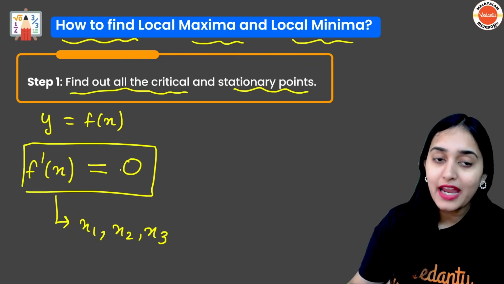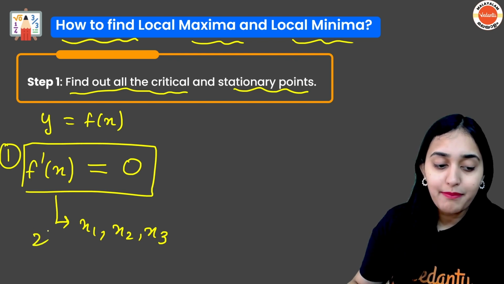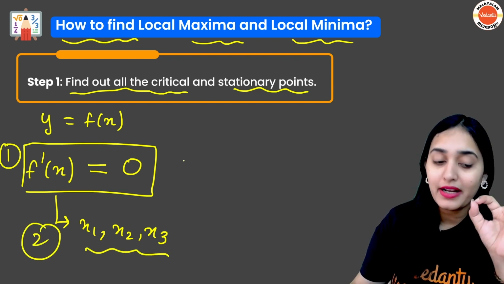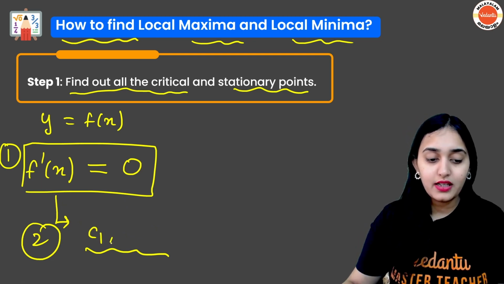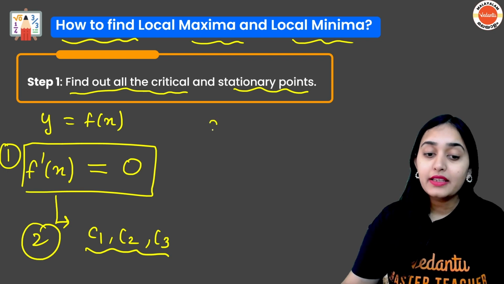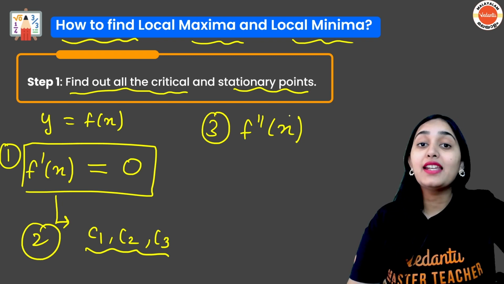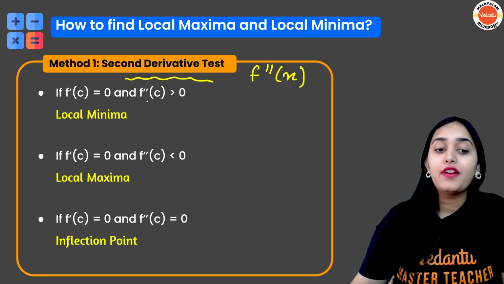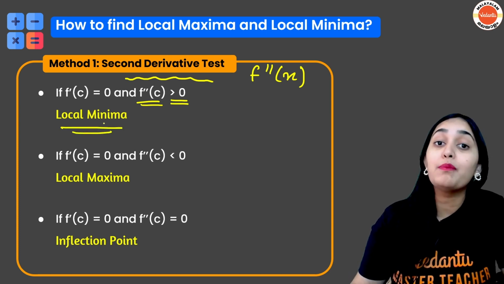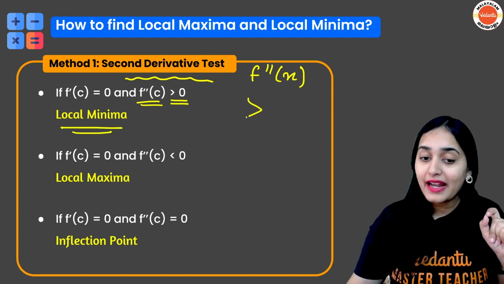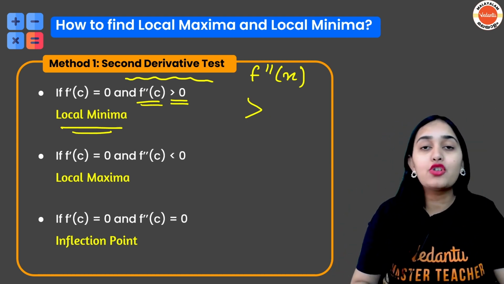So this is step number 1, this is step number 2. Find the critical points. Let me name them C1, C2, C3. That will be easier for you. Then you find out f double dash of x. Okay. Then you check if f double dash of x is greater than 0, then it is local minima. Remember, greater than 0 means minima. People get confused that if it is coming greater than, it should be maximum.